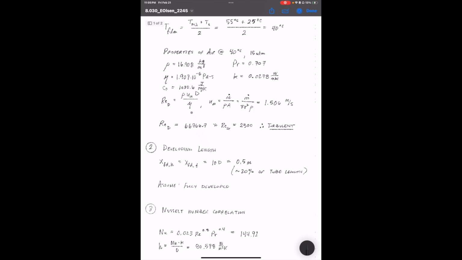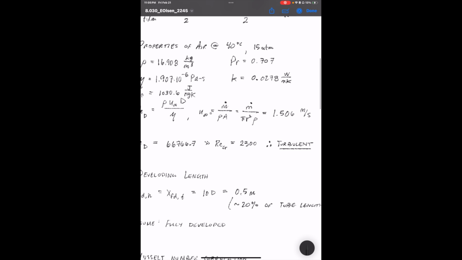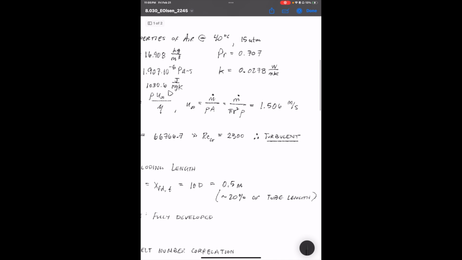We can calculate our Reynolds number using rho times u infinity times the diameter of our pipe, which is our characteristic length here, and dividing that by our dynamic viscosity. Since the free stream velocity was not given, we can calculate it using m dot over our density times our area, and area is just pi r squared, the cross-sectional area of the pipe.